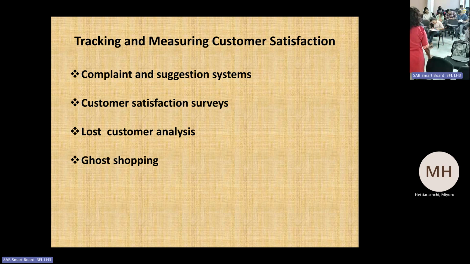Such a team of people visiting the branches, mainly in the service sector, and report to the top management about the experience given by the respective staff and the branch.